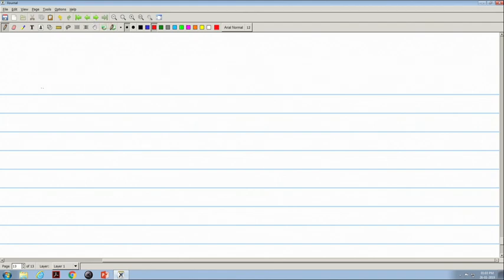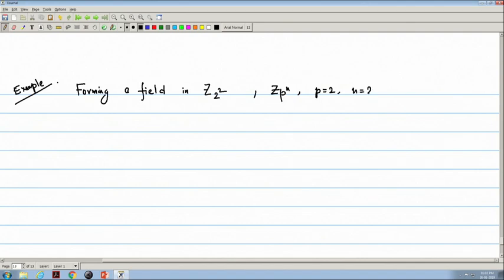That means, we take one example of forming a field in Z 2 to the power 2. That means, when we are telling Z p to the power n, p equal to 2, n equal to 2.